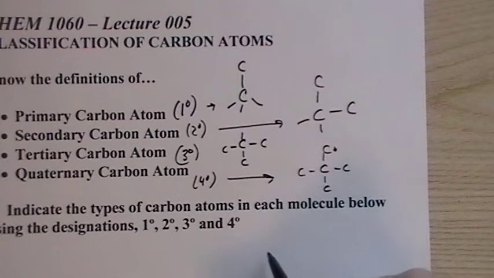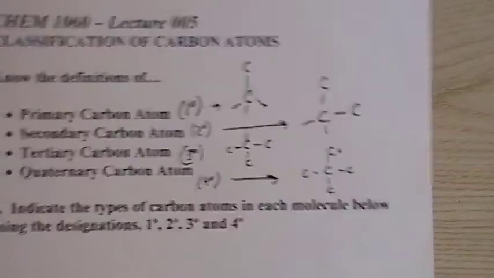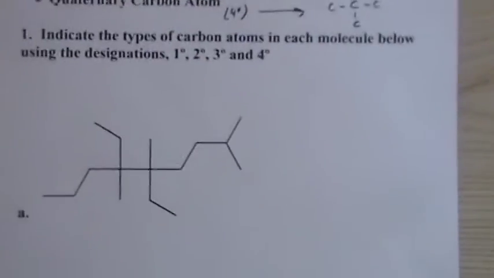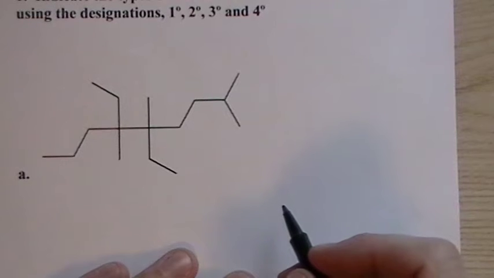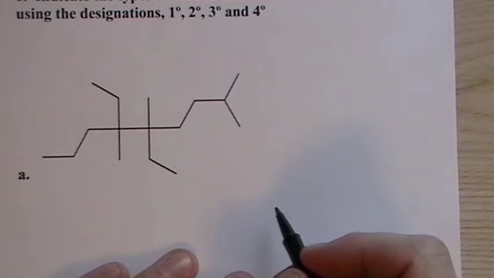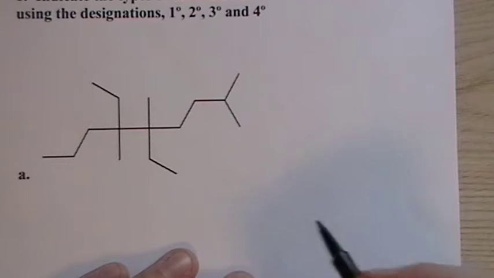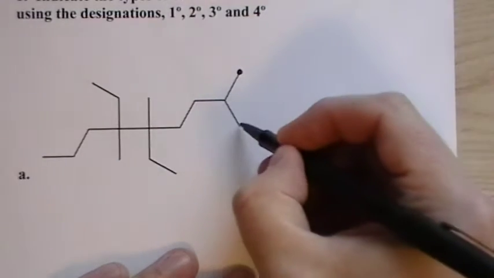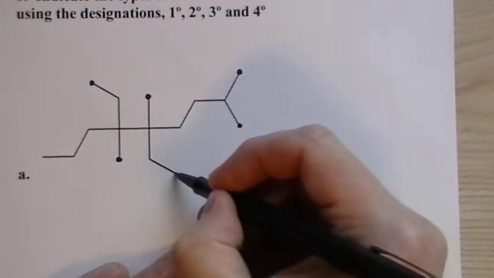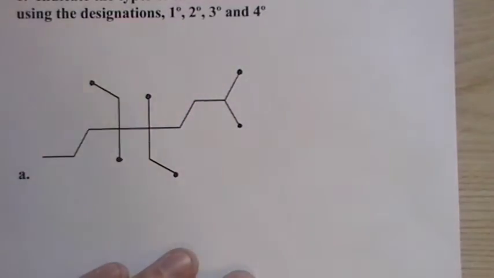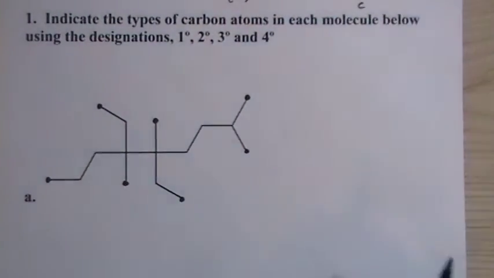So when we are given a molecule and they ask us to designate the carbon atoms according to their classification as primary, secondary, tertiary, quaternary, we're just going to be given saturated hydrocarbons, so we won't have to worry about anything funny going on.